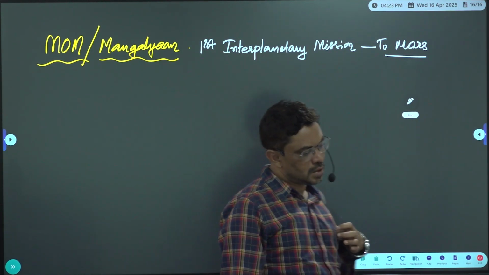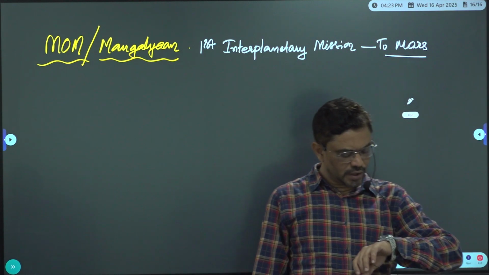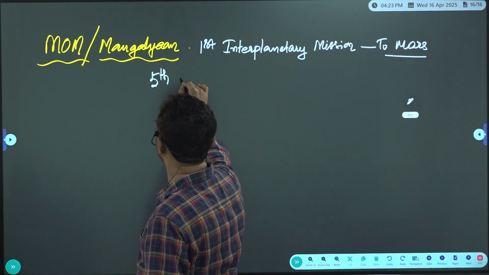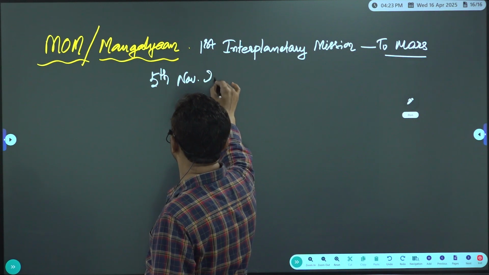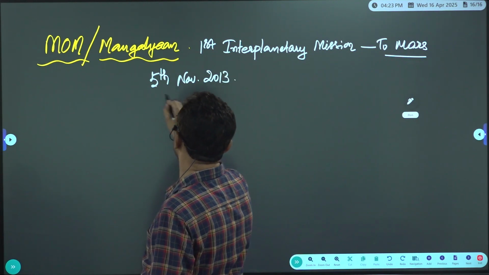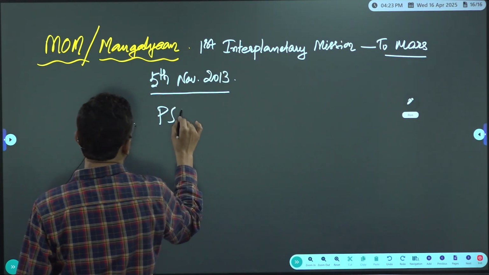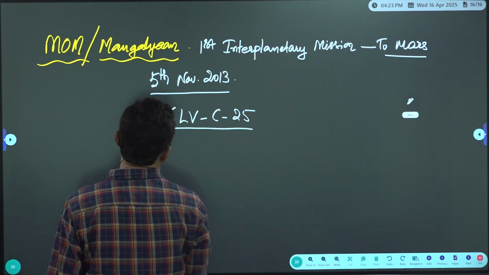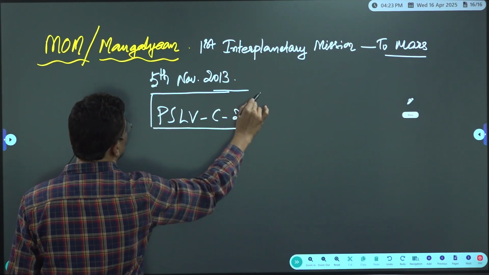It was launched on 5th November 2013 with the help of the PSLV C-25 rocket.